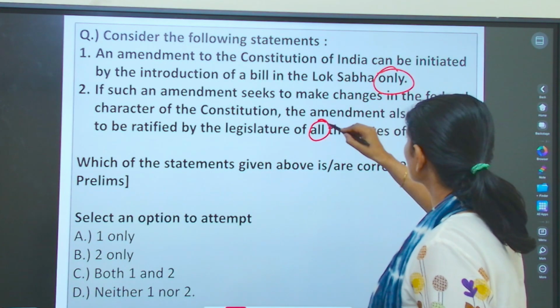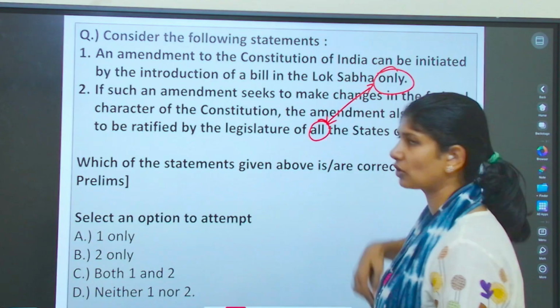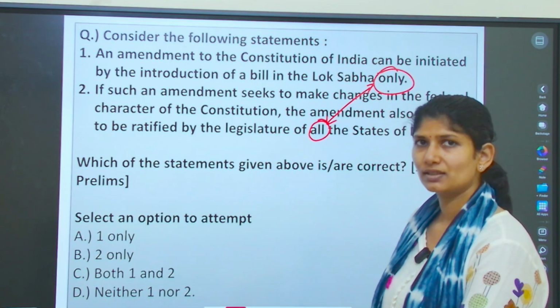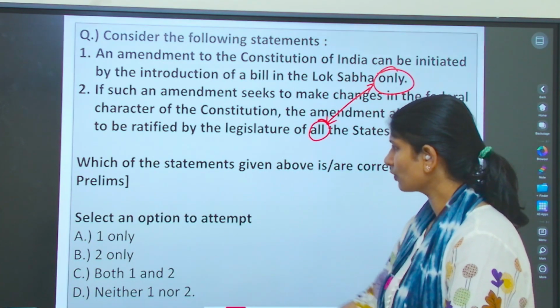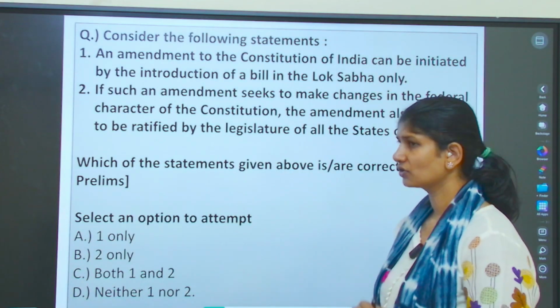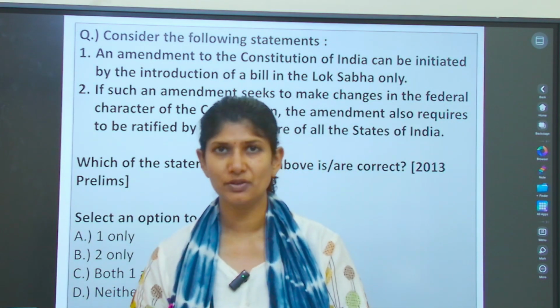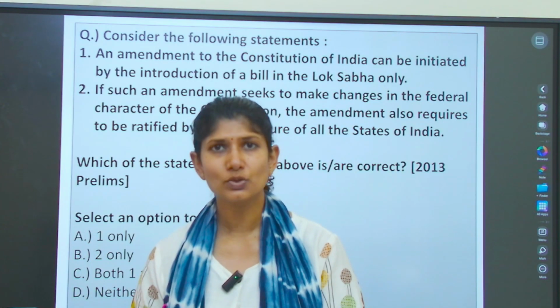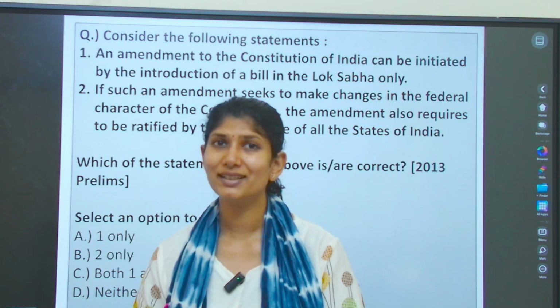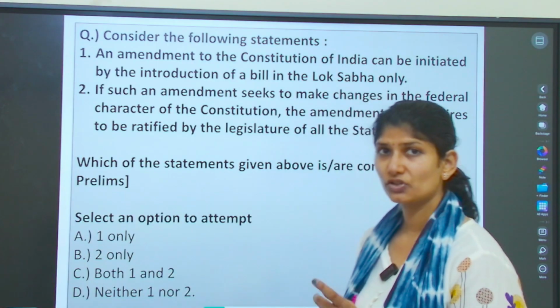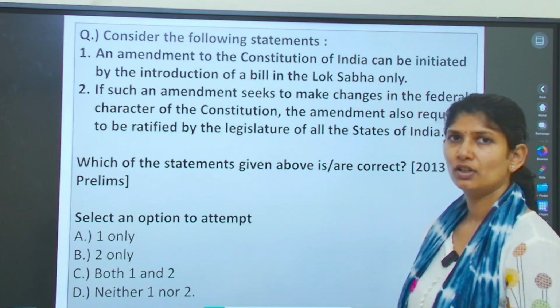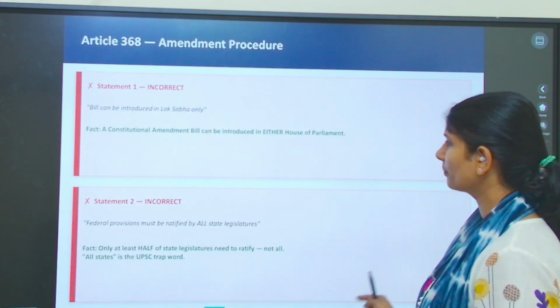If you overlook this, then your entire answer will become wrong. Understanding? In these kind of amendment questions, they can set a trap just with these keywords. That is why I told you how to deal with this: underline the important aspects in the question in the starting itself, so you will not get confused.